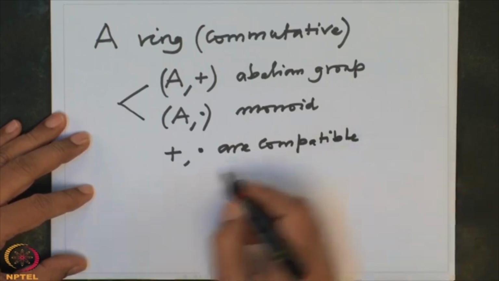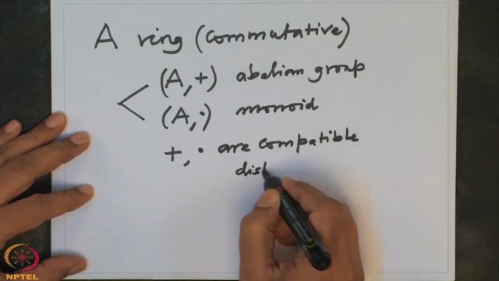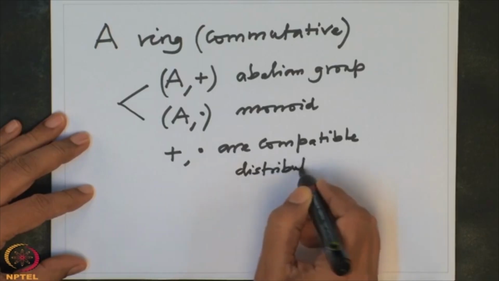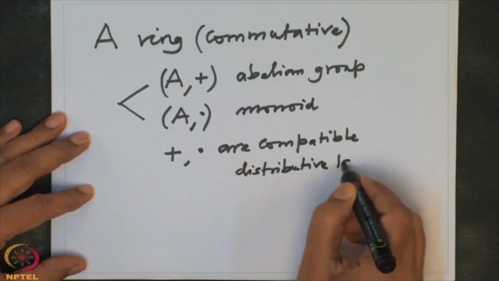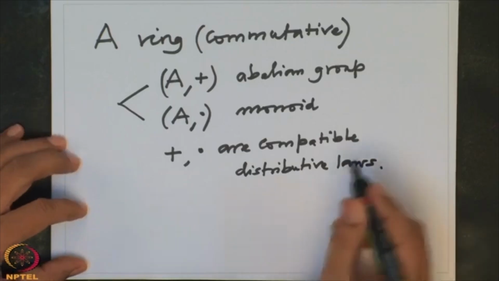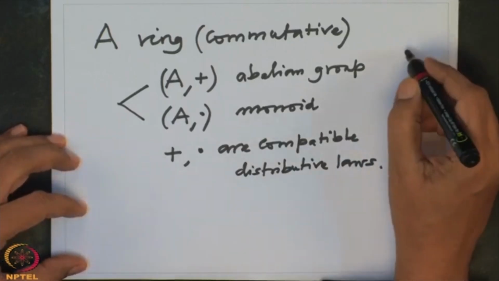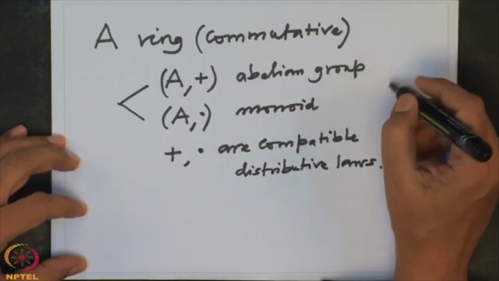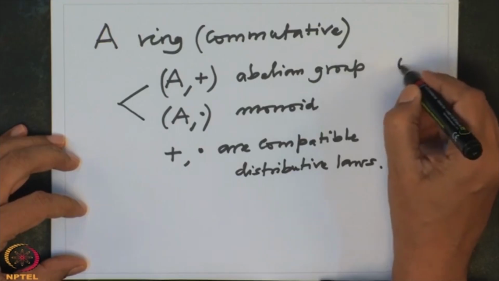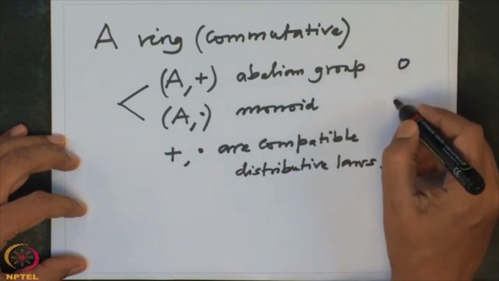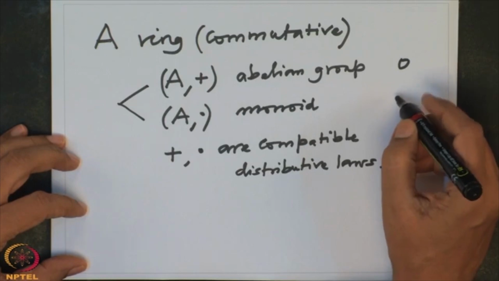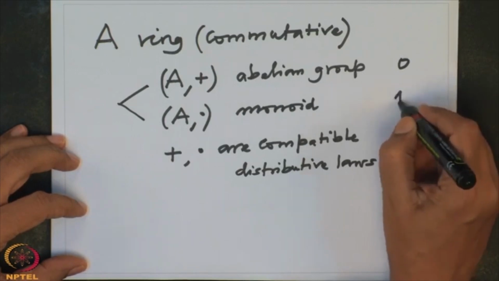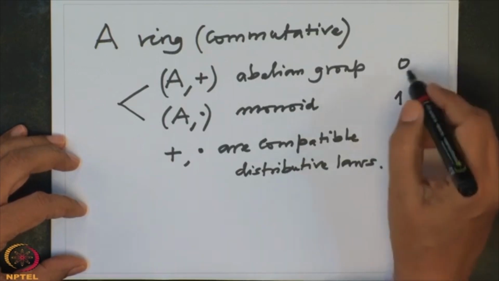That means they satisfy distributive laws. The neutral element with respect to addition is 0, and the neutral element with respect to multiplication is 1. That is how we have denoted them.